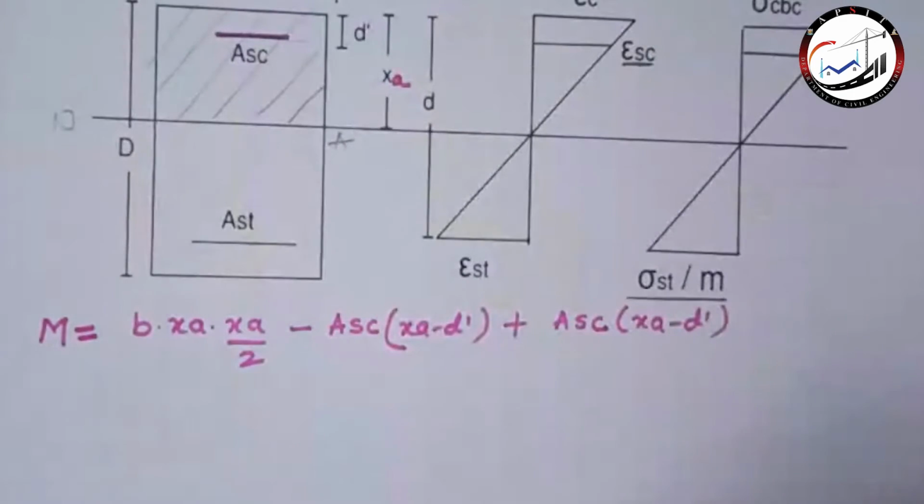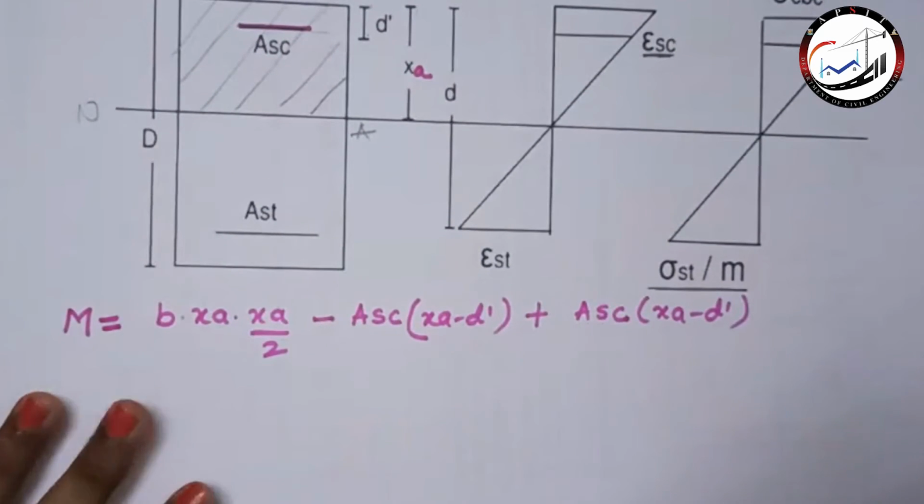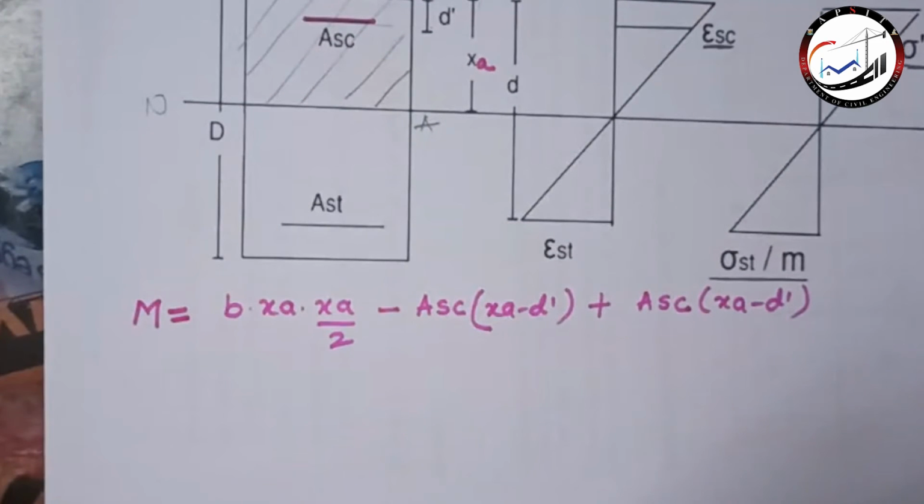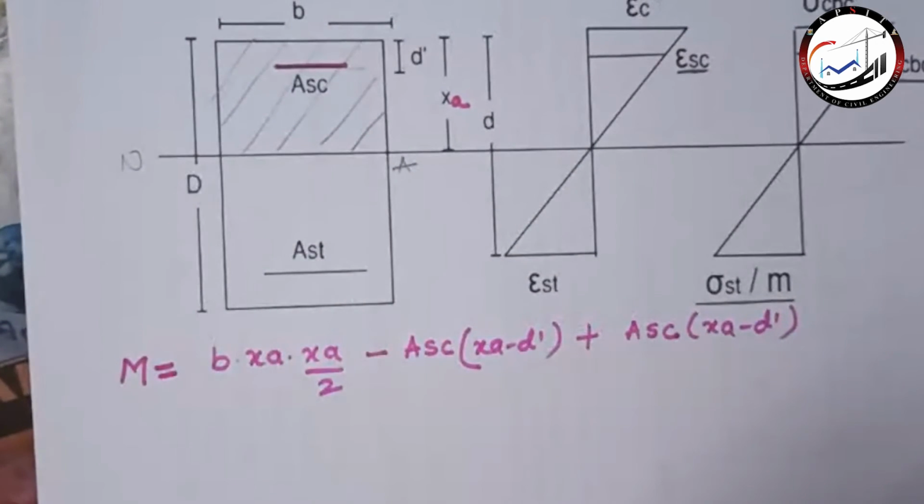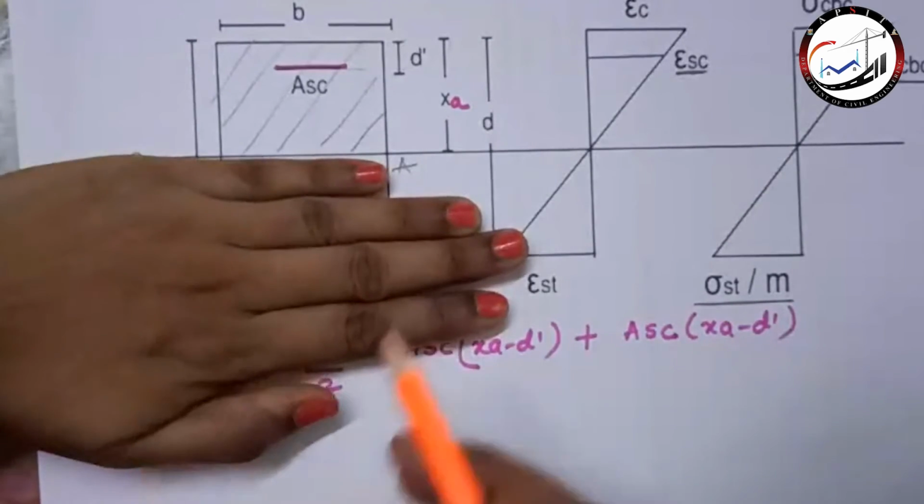Okay, earlier equation you will not be able to see, so I'll just explain it again. As we need to calculate the position of the neutral axis, we are going to take the moment. So taking the moment about the neutral axis only for the compression side. First, we will talk about the compression side. So the compression side is only this much part.